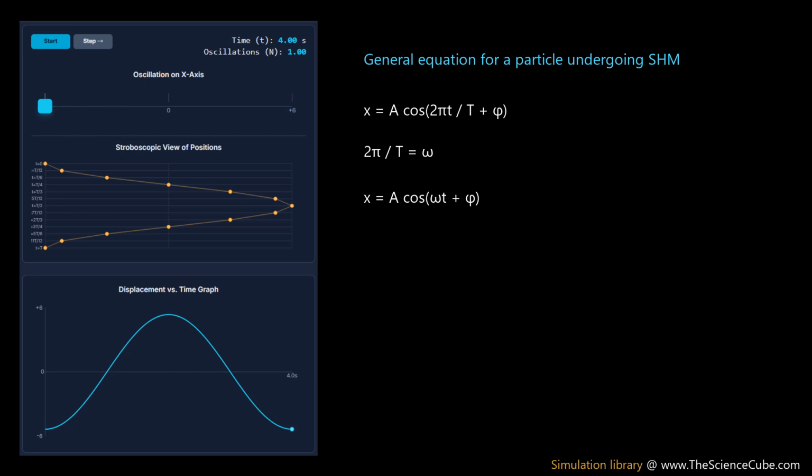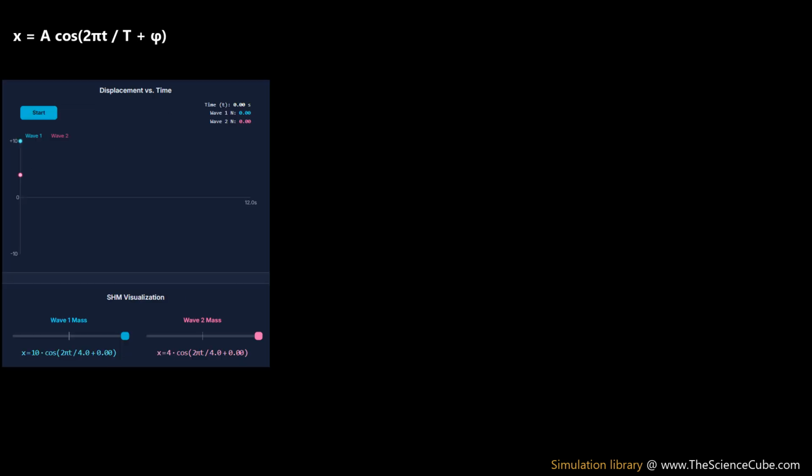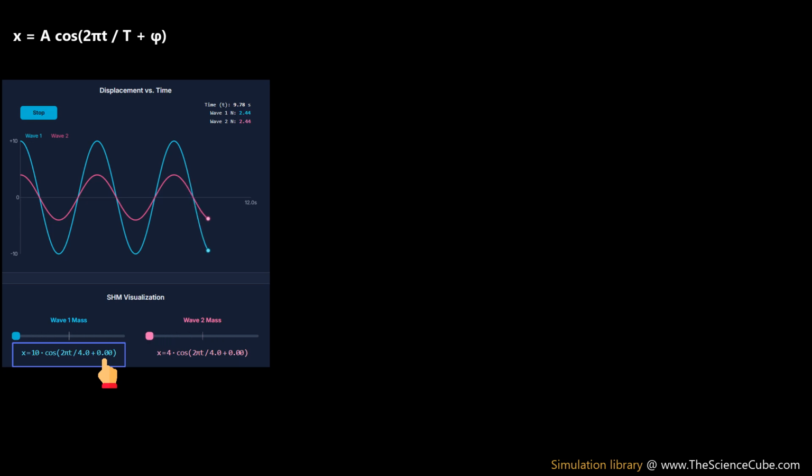So now, to get a better sense of what this equation really conveys, let us compare three different waves against a blue wave that has an amplitude of 10 meters, time period of 4 seconds, and phase angle of 0 radians, which means the particle starts at x equal to x max equal to 10 meters.